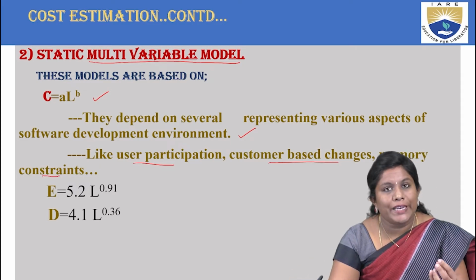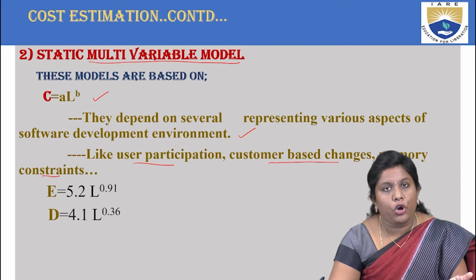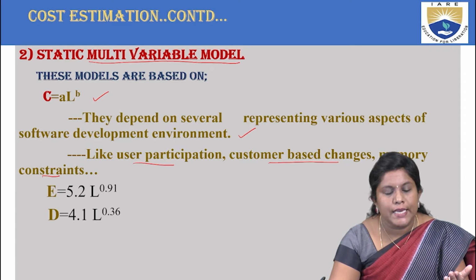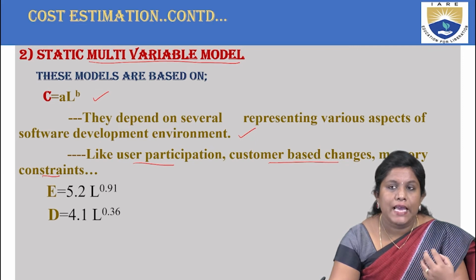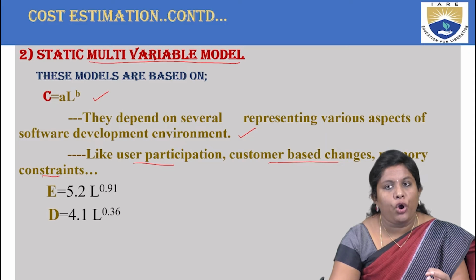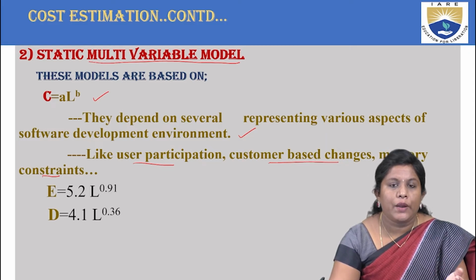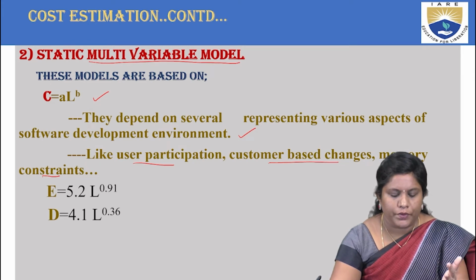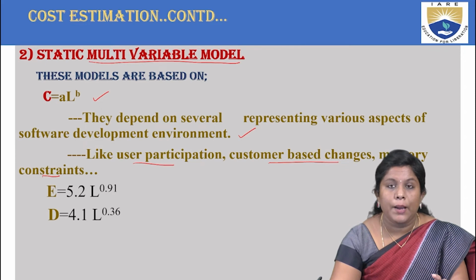So I repeat, you can calculate a static multivariable model by knowing the cost of it, which is C equal to A cross L to the power of B, where A and B are constants. C is nothing but the cost, and these depend on various aspects. That is, how much is the user's participation, or what are the changes given by the customer every now and then, and what are the memory constraints involved. Okay, so all these are the basic things that are discussed in the multivariable model. That's why it's called multivariable.